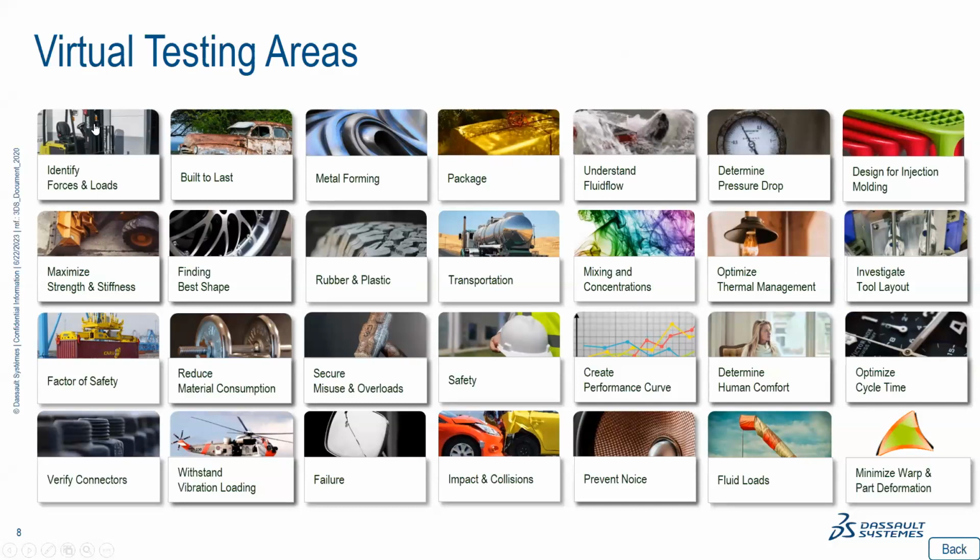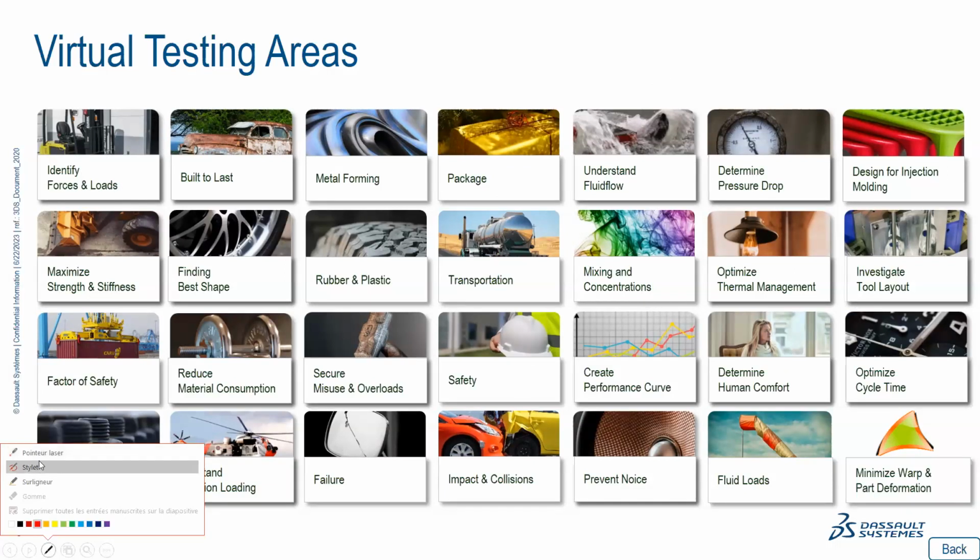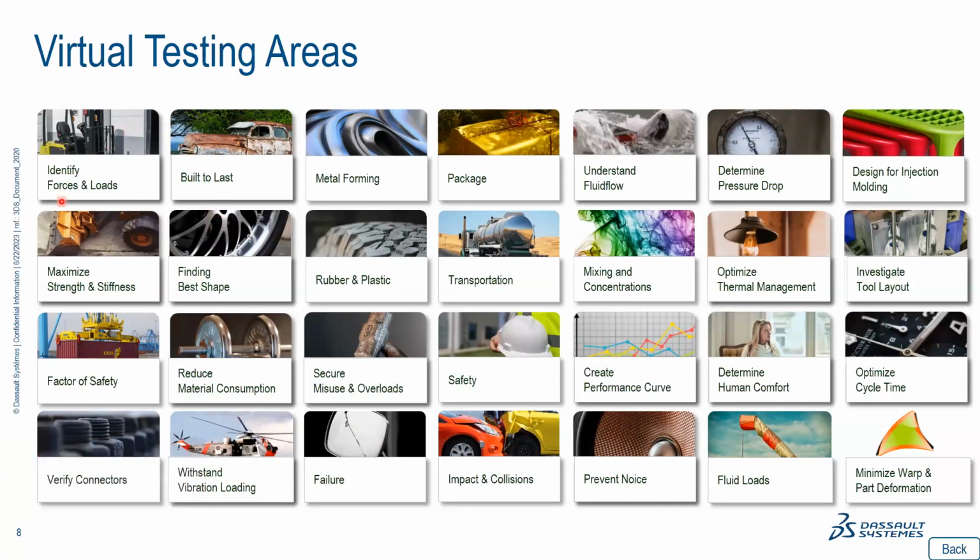So the first one is more about motion, identifying forces and loads. The first four columns here, I will put the pointer, it will be easier, are more about structural simulation, so simulation on solid parts.